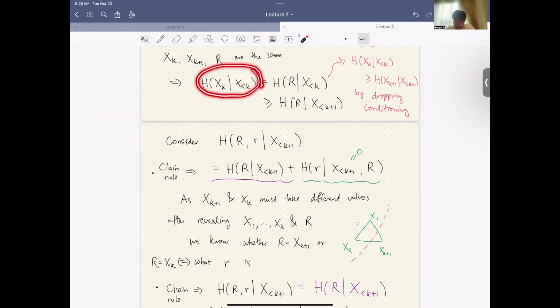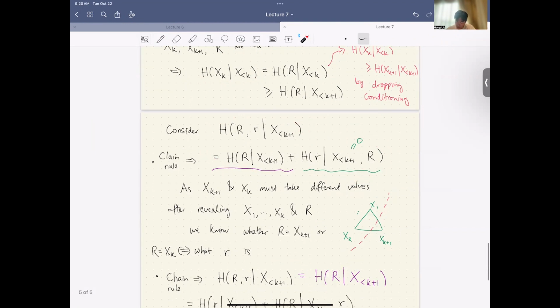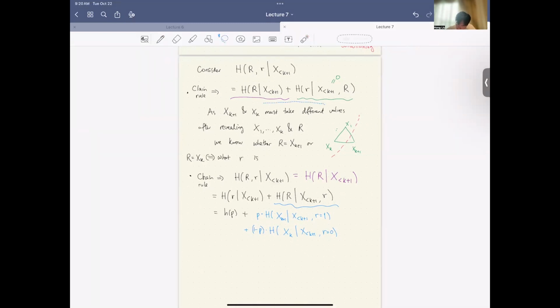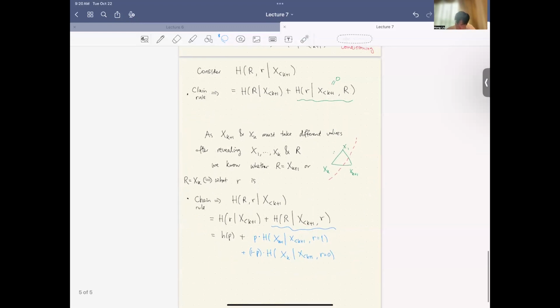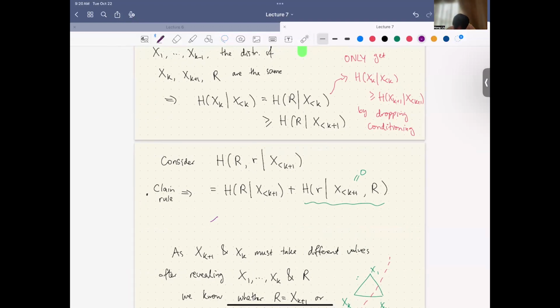In the first estimate, first of all, this is at most.